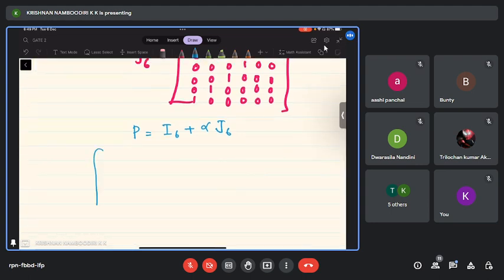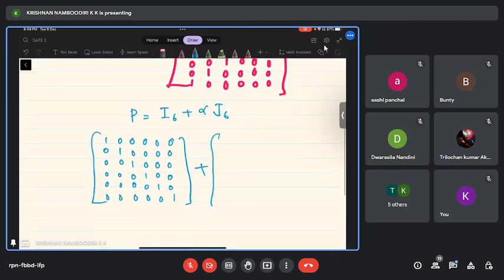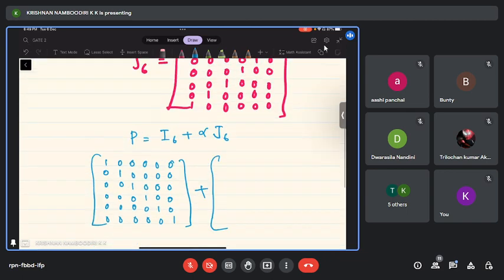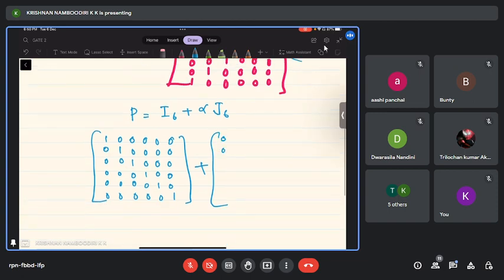Correct? Now let us write P anyways. Identity matrix, all of you know, right? I'm not going to write that. Anyway, I will write the identity matrix, with the last column all zeros but 1, plus alpha times J6, which is nothing but, wherever we have 1 here, we need to replace that with alpha.